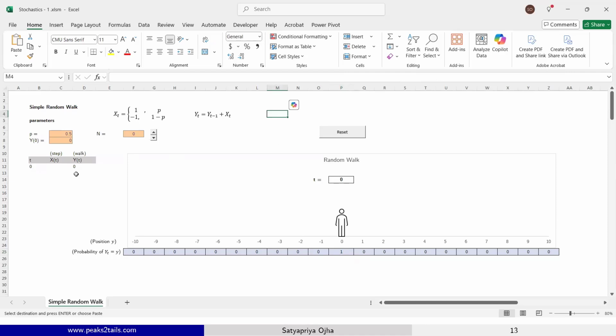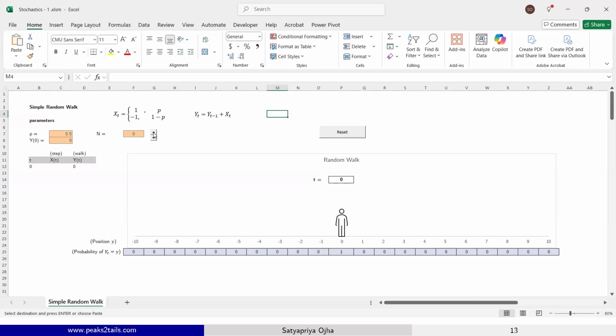If you are at time t equals 0, what is the distribution of y1 after one time step? Can you tell me what is the distribution of y1 right now? Yes, +1 with probability 0.5, -1 with probability 0.5.